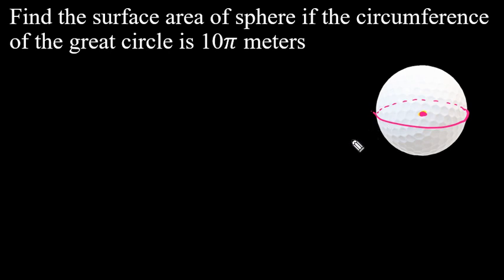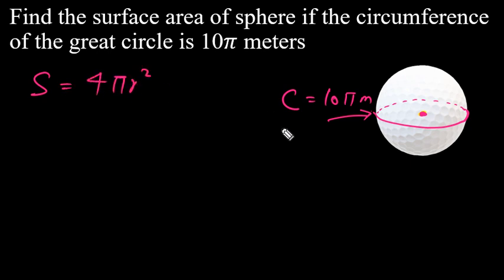So the circumference of the great circle is given as 10 pi meter. Now find the surface area. So S equals 4 pi r square. Now do we have the radius here? No, so we will have to find the radius.